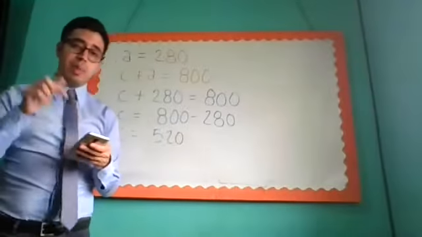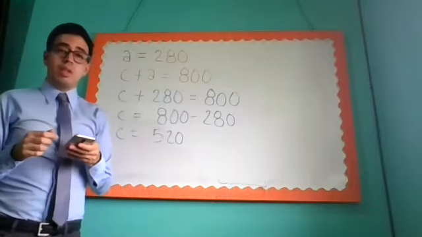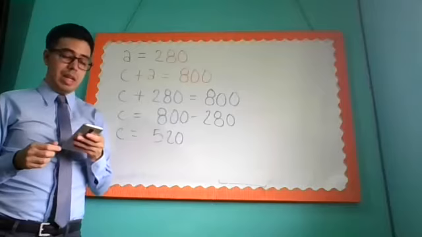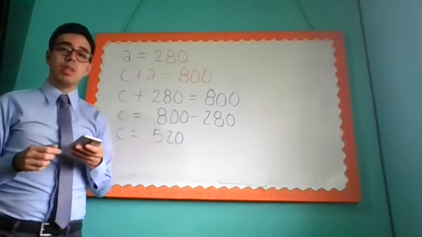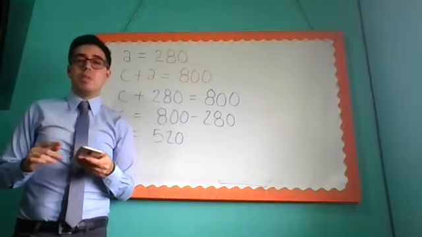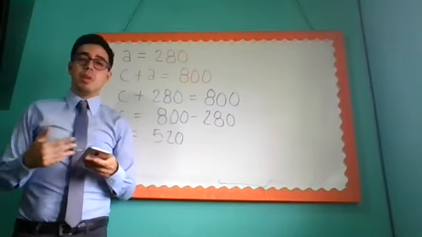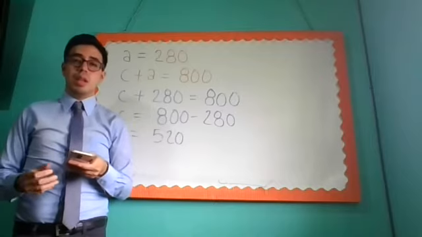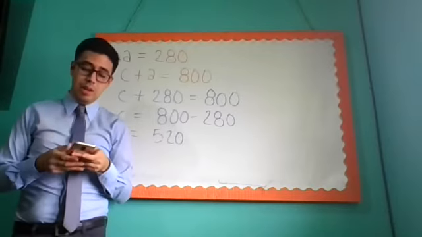So what is the conclusion for this? You can read in the part below. 520 children's tickets and 280 adult tickets were sold on Saturday. Important, when we solve this system of equations and we have a word problem, they are asking you about something that happened. So you need to answer in words, like in here.